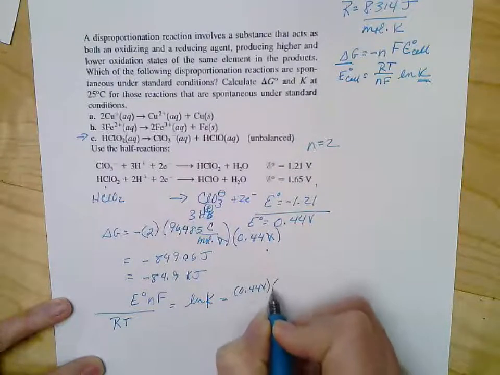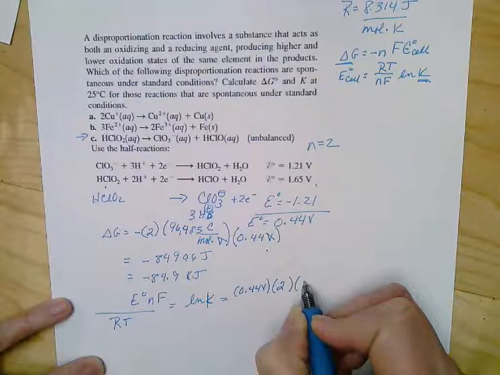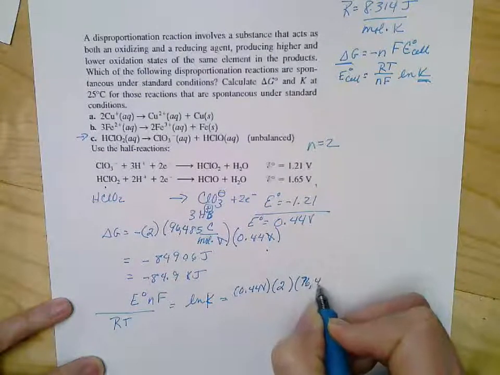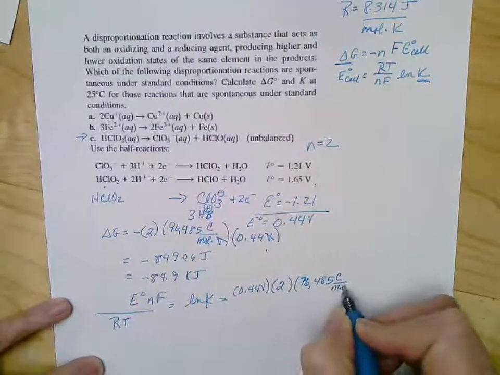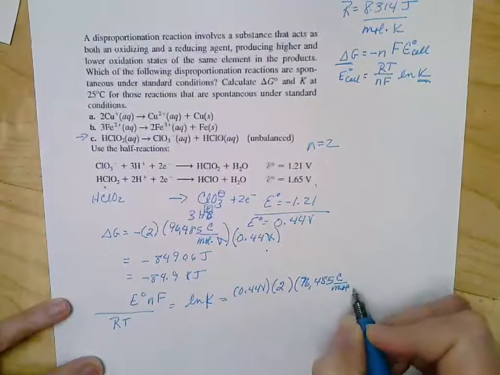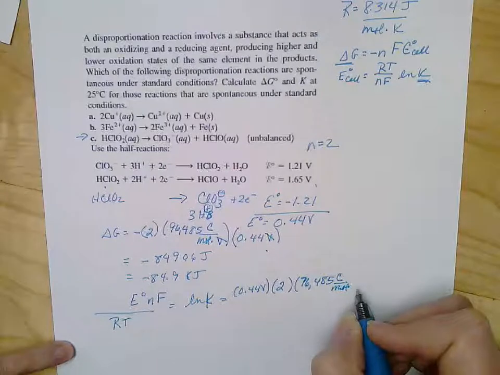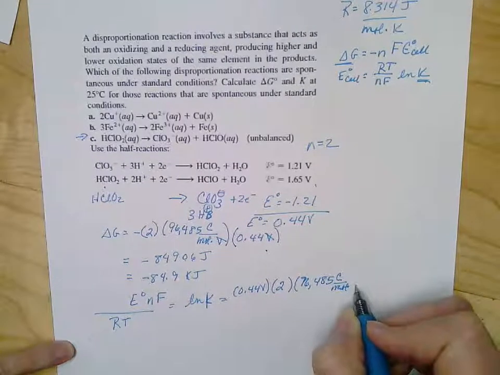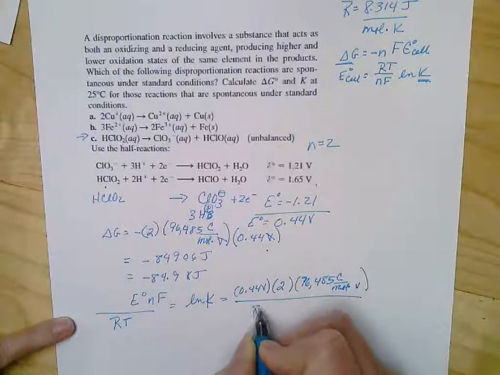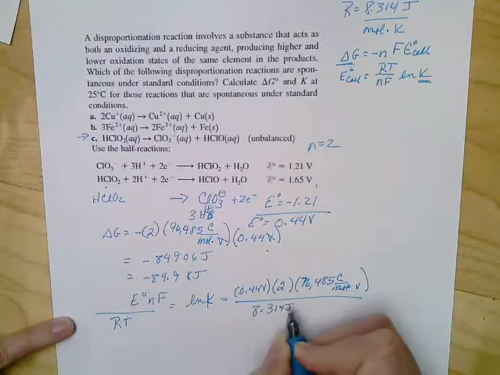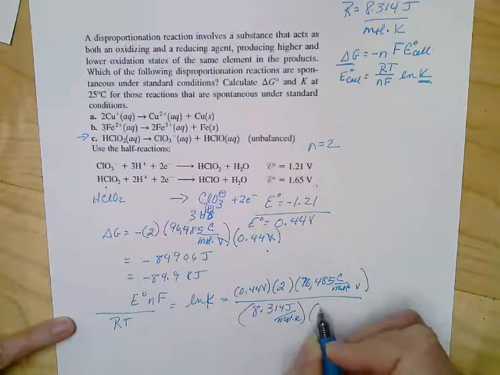0.44 volts. n is 2. Faraday's constant is 96485, and that's coulombs per mole times volts, divided by R, which is 8.314 joules per mole times Kelvin, times our temperature.